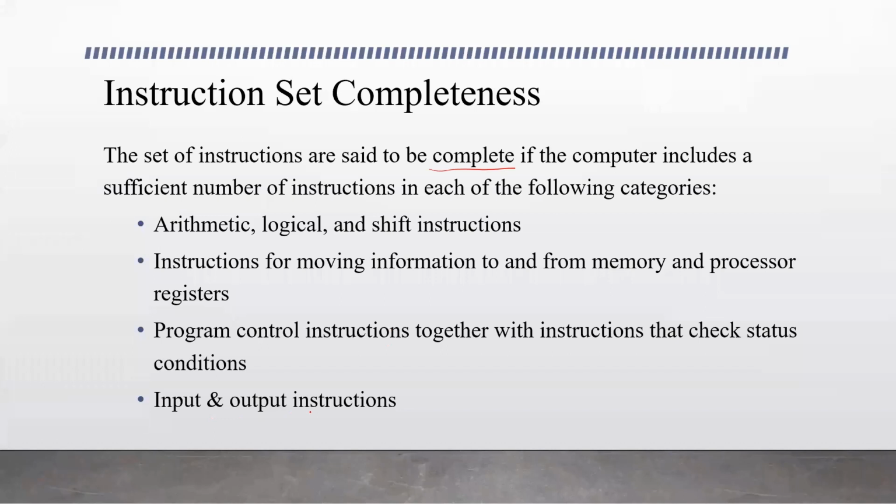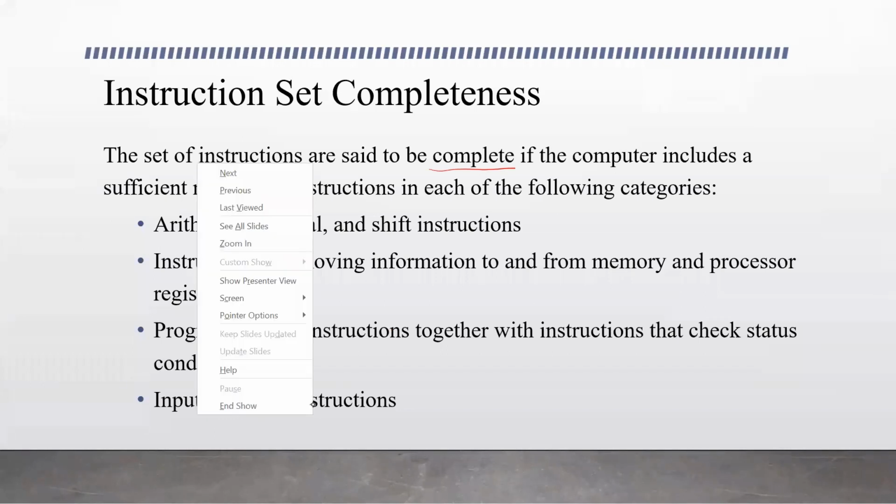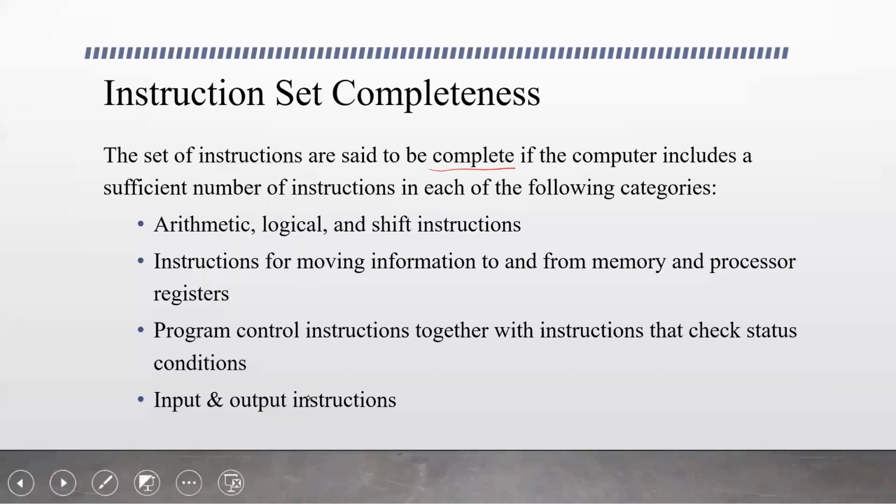And input output instructions are used for the user to communicate with the computer. They enable the user to give data to the computer, get it processed, and get the output back.